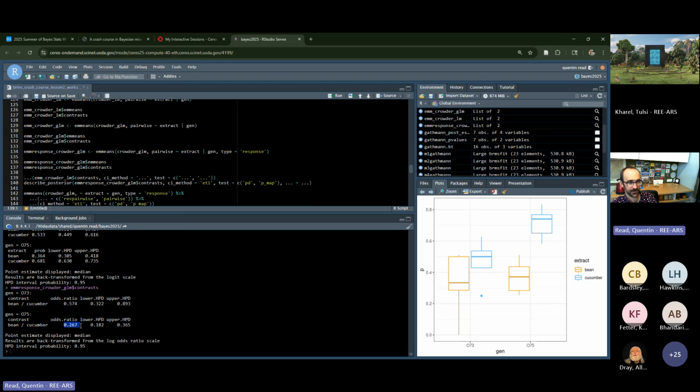And the odds ratio is a greater difference for genotype 75. The odds ratio is 0.267. So that's about 1 to 4. So the odds of germination in cucumber is about 4 times higher than the odds of germination in bean extract for this genotype.